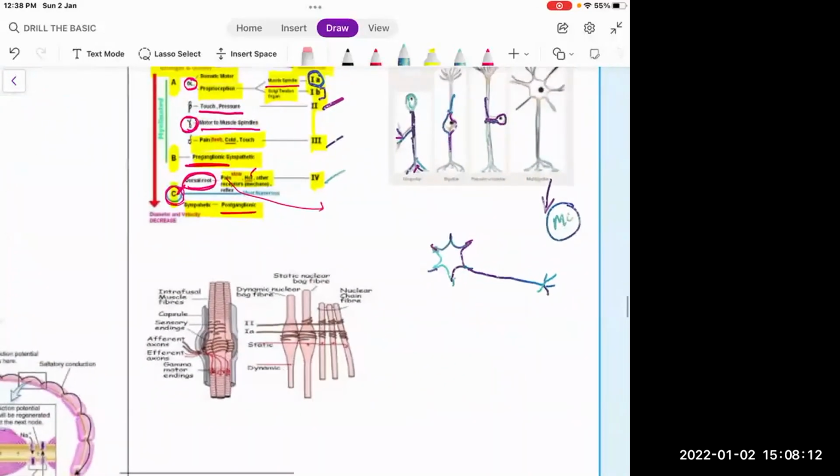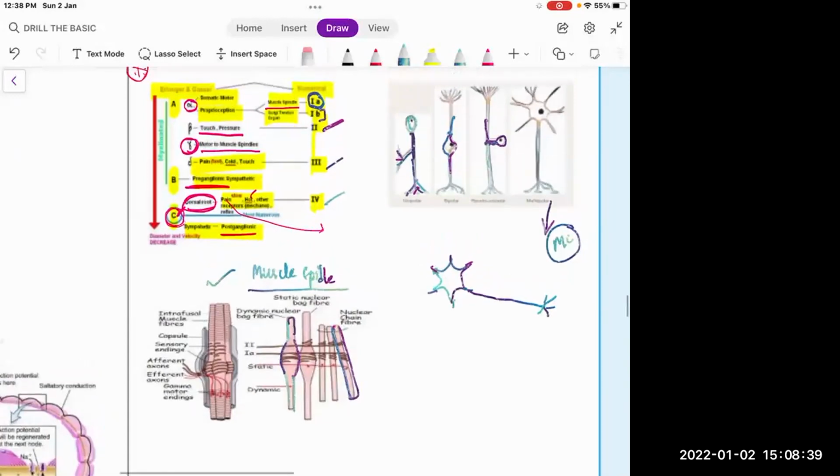This is the diagrammatic explanation of the muscle spindle, which is the receptor for the skeletal muscles. In this structure, the bulged portion is called nuclear bag fibers, and these are nuclear chain fibers.